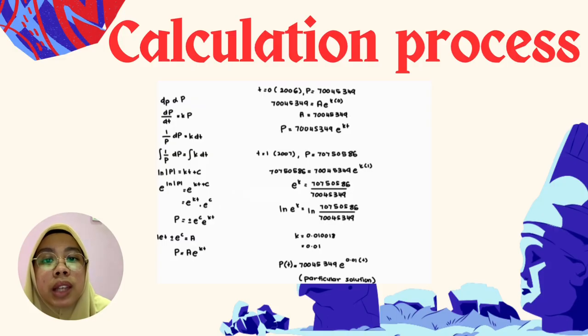Then I use the second data point, when t equals 1, the population is 70,750,589. When we substitute into the equation, I get the value of k, which is 0.01. So the particular solution will be P(t) equals 70,045,349 e to the power of 0.01t.